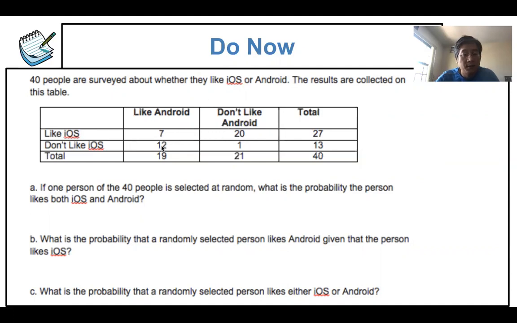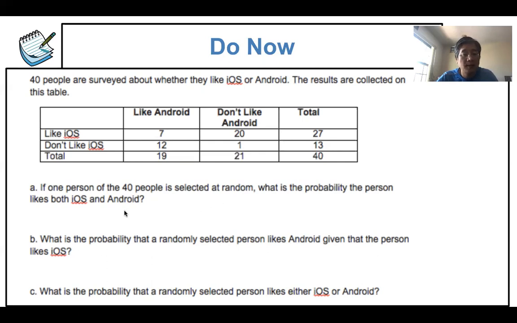And these 12 people like Android, but don't like iOS. So 7 and 12 together, they like Android, right? And this one person doesn't like anything.